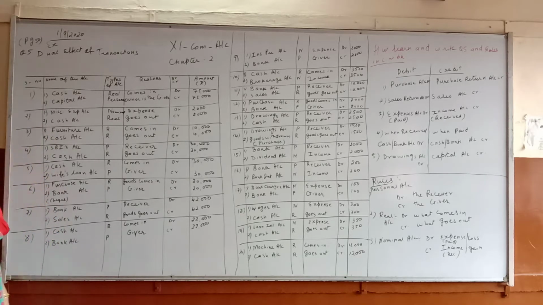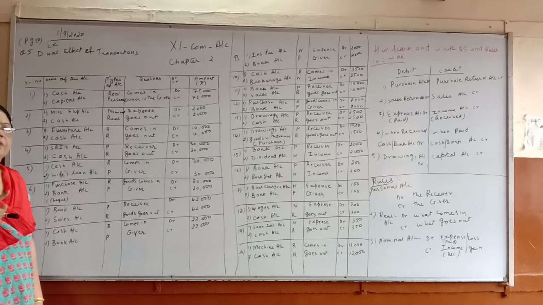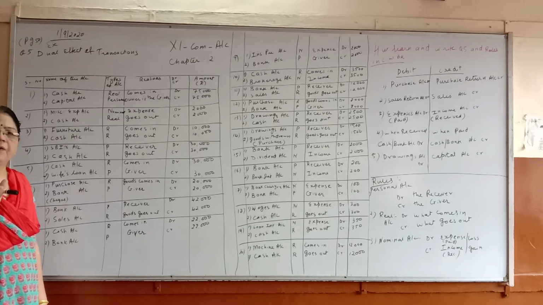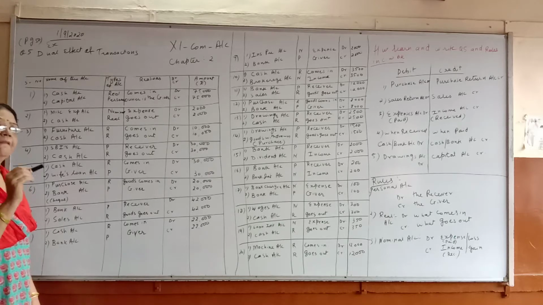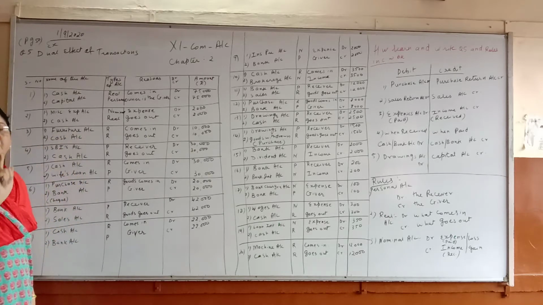The third one is purchase furniture. As I told you, the word purchase goes with goods. But if it is purchase furniture, then you have to write furniture account, not purchase account.